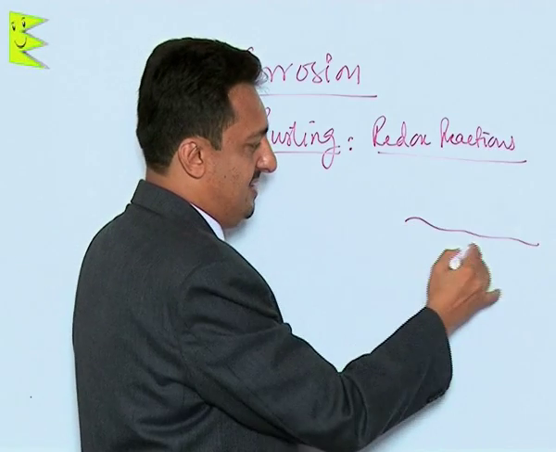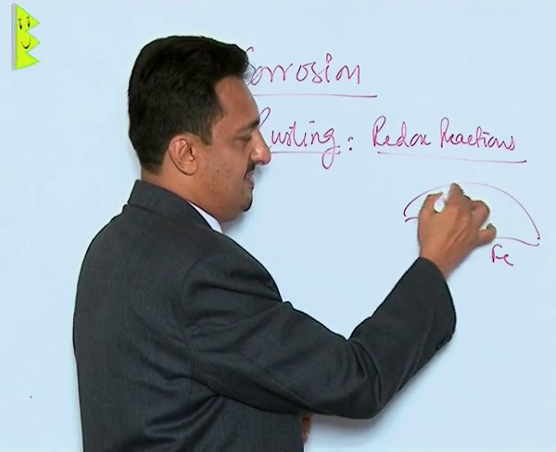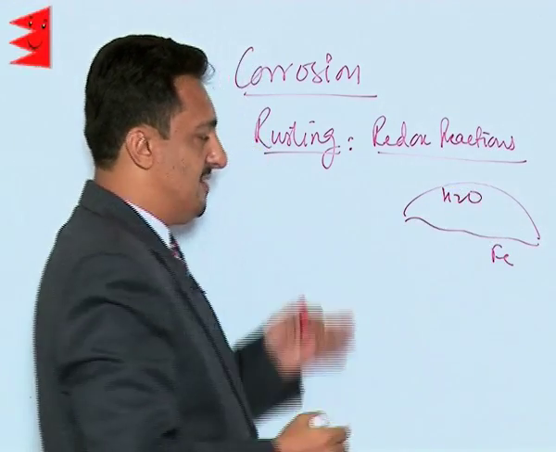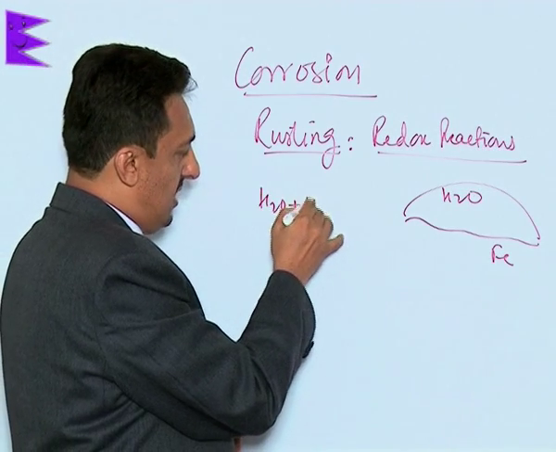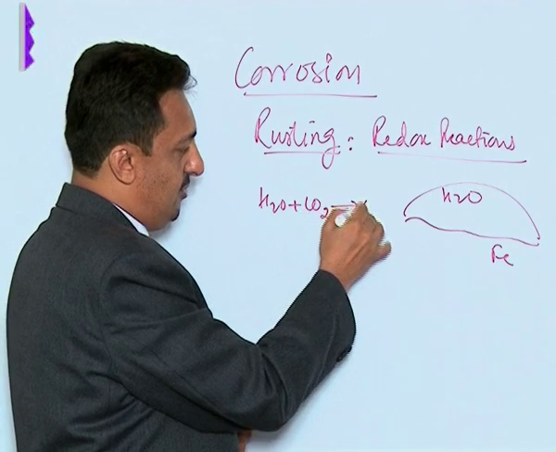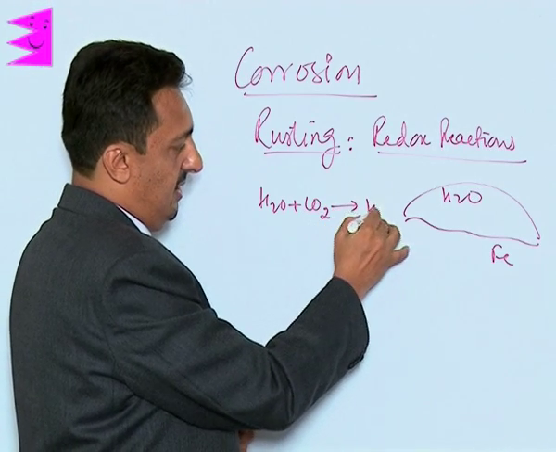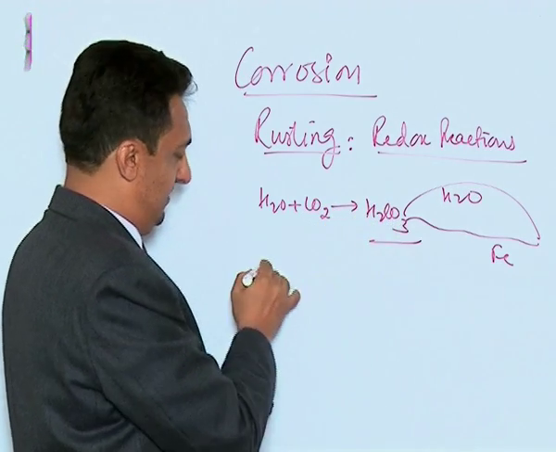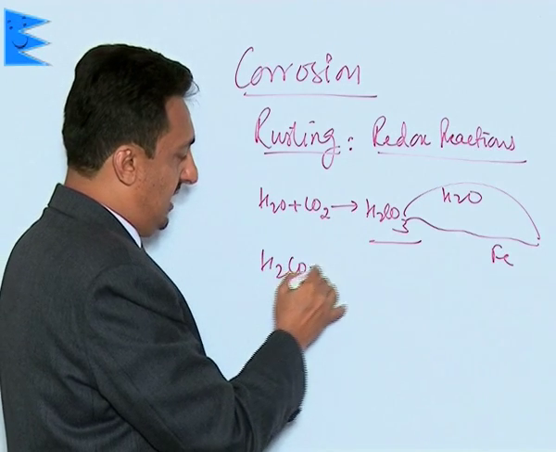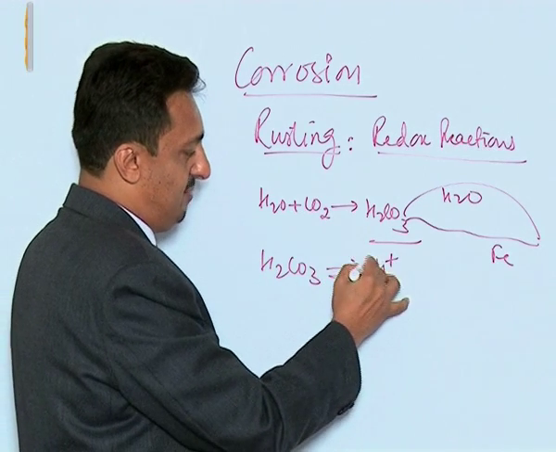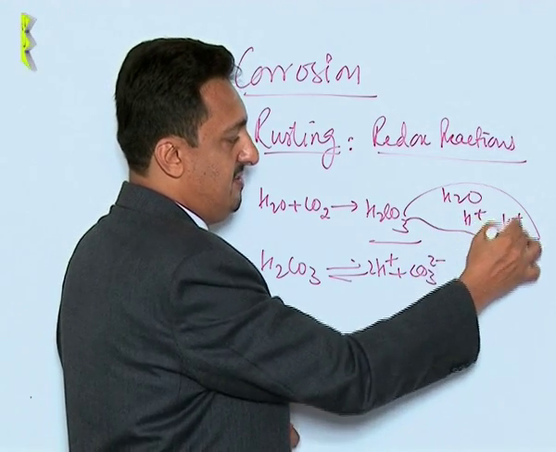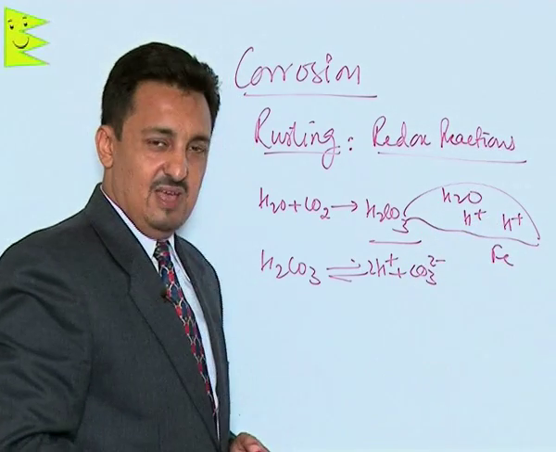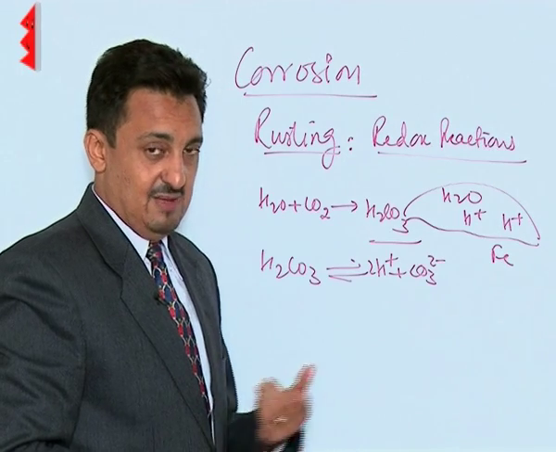If this is the Fe metal and it gets exposed to water, a series of reactions takes place. Water gets combined with CO2 and forms H2CO3, carbonic acid. This carbonic acid slowly releases H plus ions and forms carbonate ion. As a result, the water present on the surface of the Fe gets acidified, it becomes acidic.